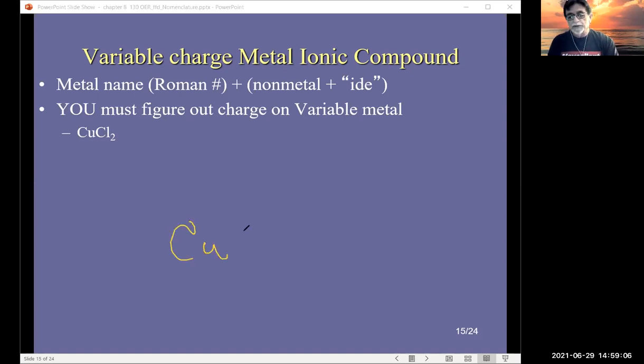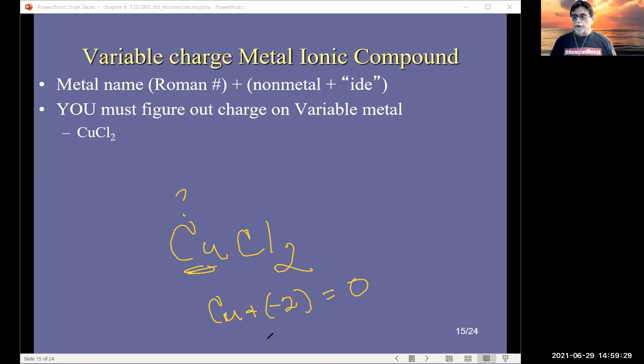We have copper Cl2. We don't know what the oxidation state is here, but we've got to figure it out. What do we know? We know that the chlorides each have a -1, and there's 2 of them. So that means we have Cu plus a -2 equals 0, because that's the overall charge of the molecule.